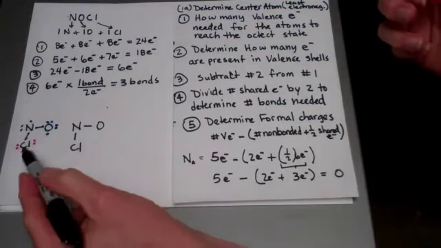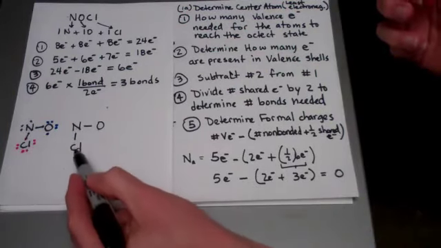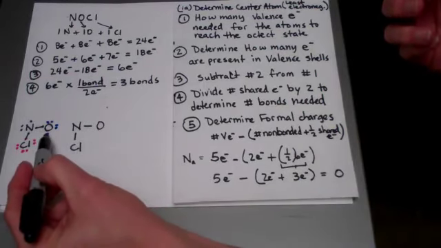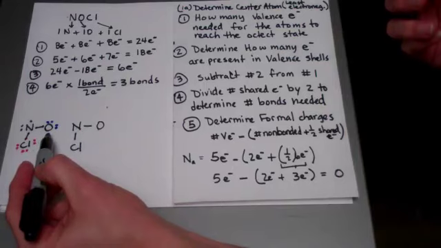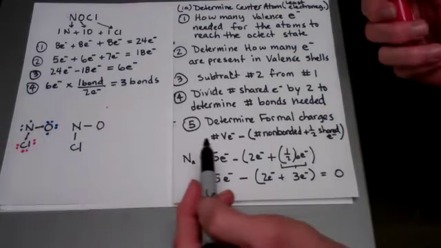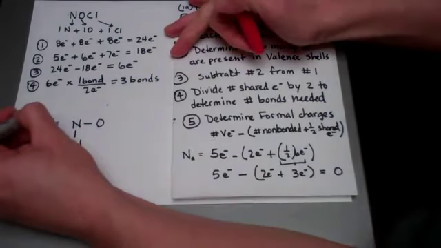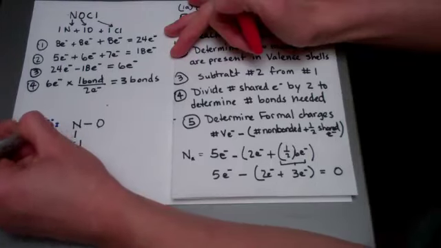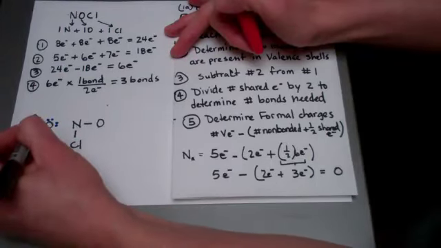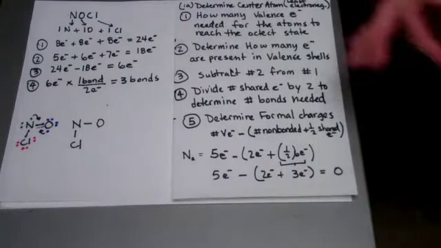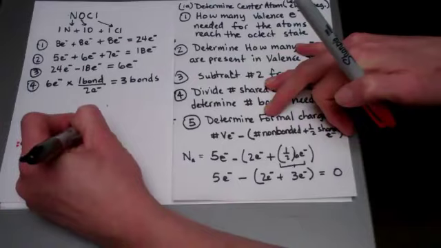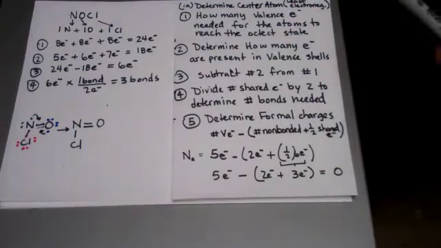Now what we notice, once we have this structure written out, which is written here as well, we still have a position on the oxygen that's not satisfied and a position on the nitrogen that's not satisfied. So these guys are going to drop down to form the double bond situation here. And so then we'll get a bond that ends up forming at that position. So that we end up forming a double bond character here.